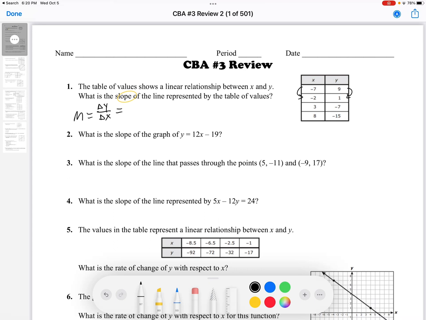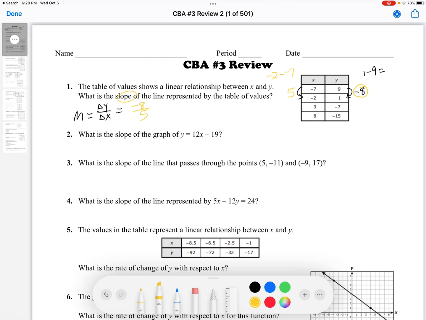Between 9 and 1, that difference is -8. If you don't know that it's -8, just do 1 minus 9. And the change between -7 and -2, take -2 minus -7, and that'll give you a +5. Therefore, our slope is -8 over 5.